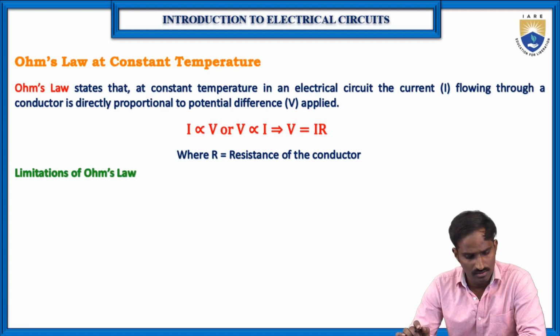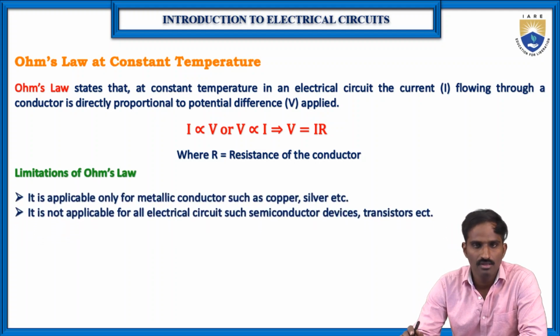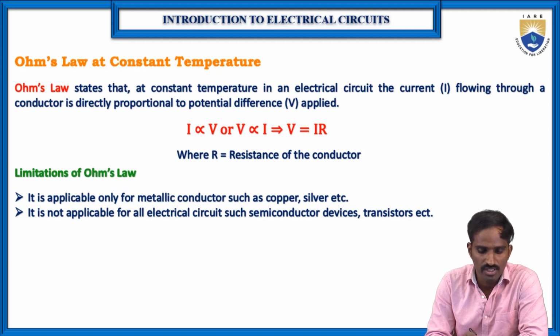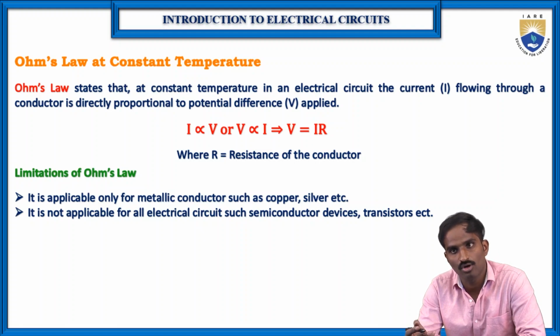Then the limitations of Ohm's law: it is applicable only for metallic conductors such as copper, silver, etc. Do you know what is meant by conductor and insulator? A conductor allows a free flow of electrons.